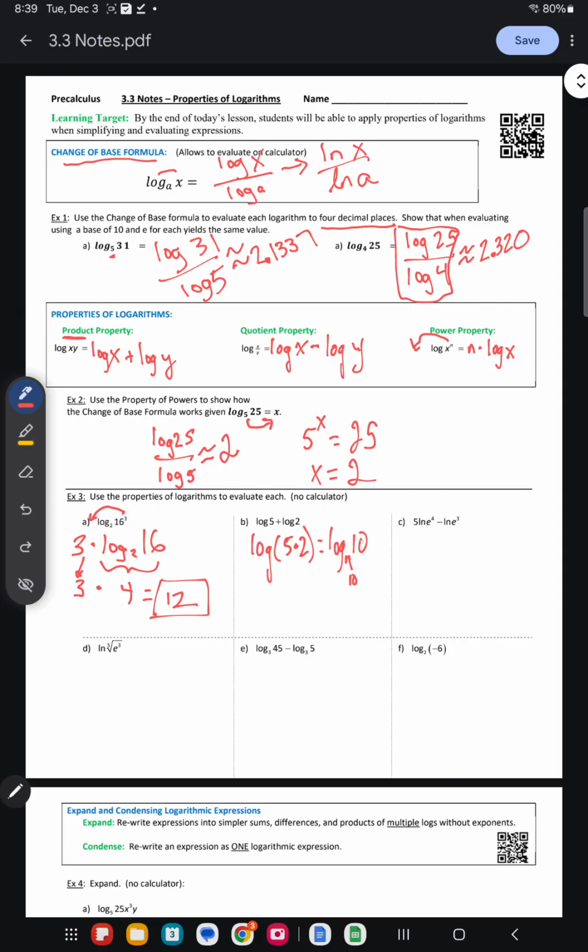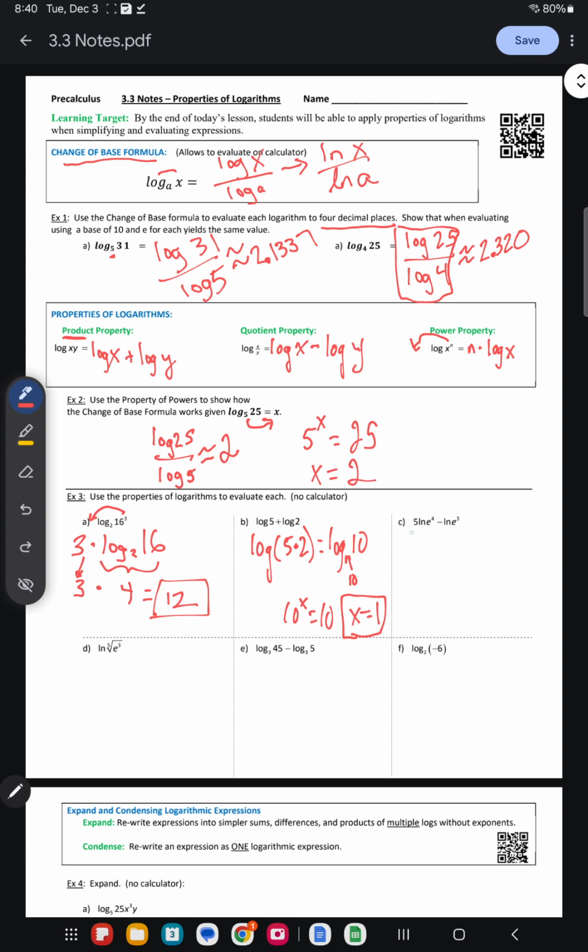So log base 10 of 10 is 10 to the x equals 10. So x has to equal 1. So our final answer is 1 here. Okay, so again, the first property, we condensed it to the product property, and then we just evaluated it. 10 to the x power has to equal 10, and that number is 1.